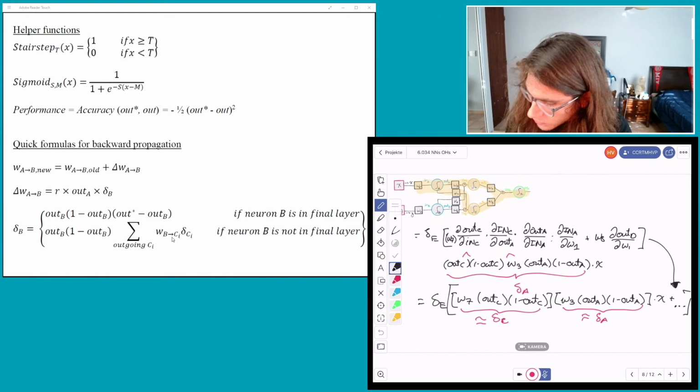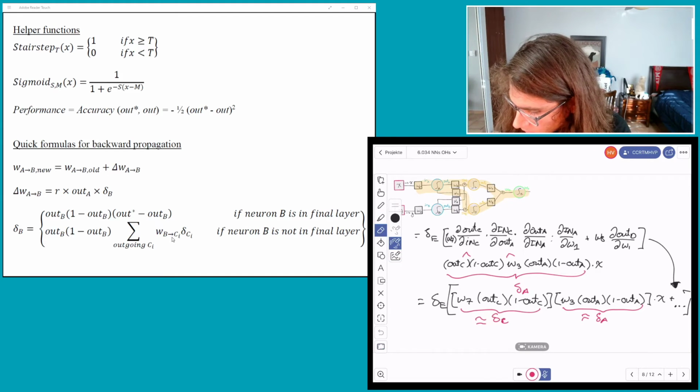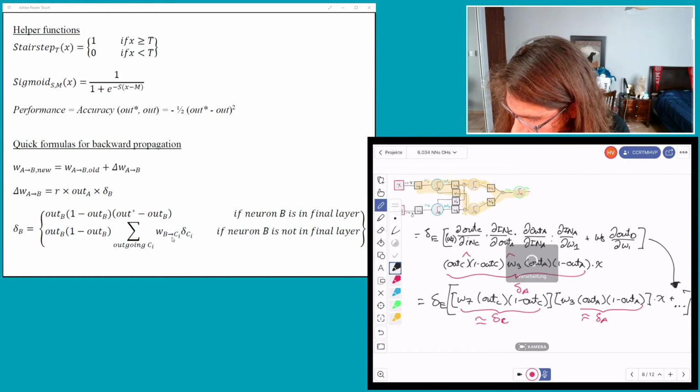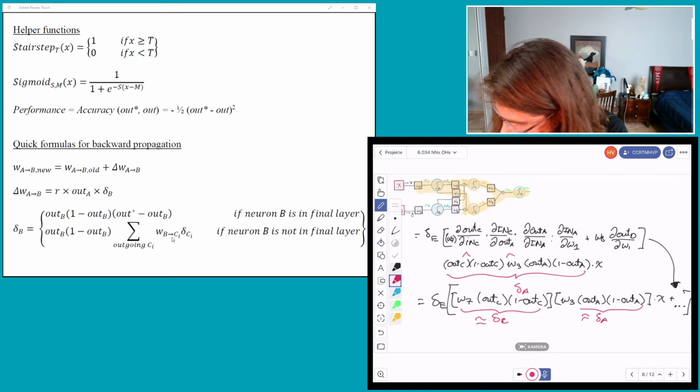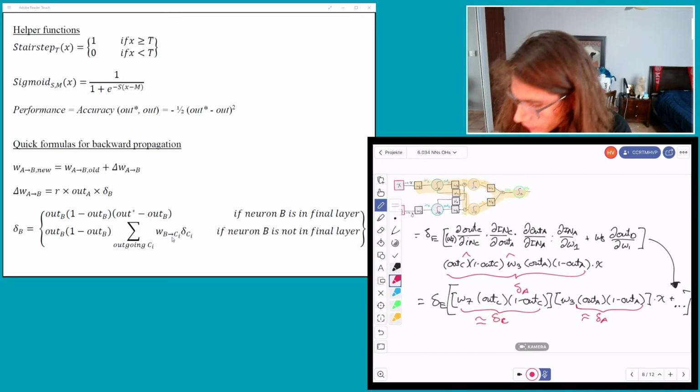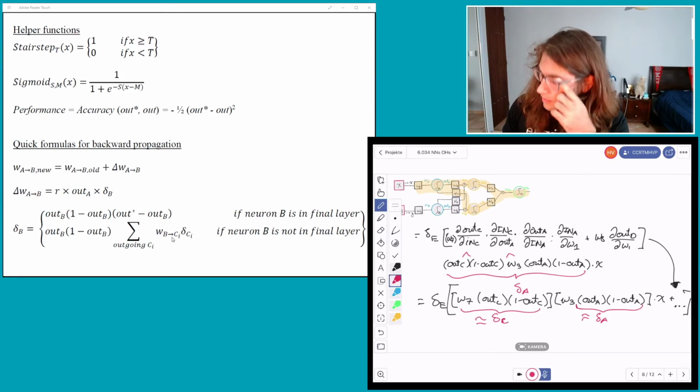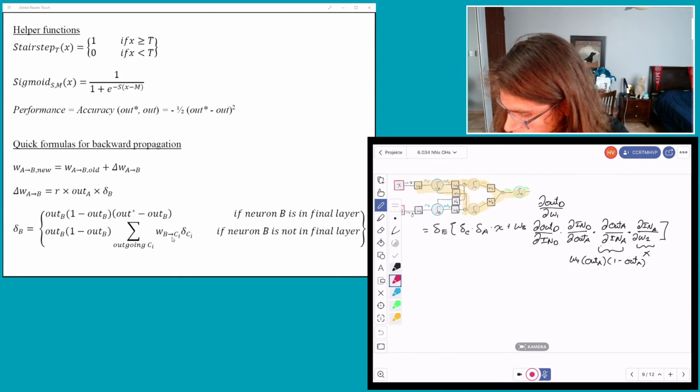Oh, yes. So the problem was, I'm going to rewrite this a little bit. There. I'm not going to include W3 because it's going to change.